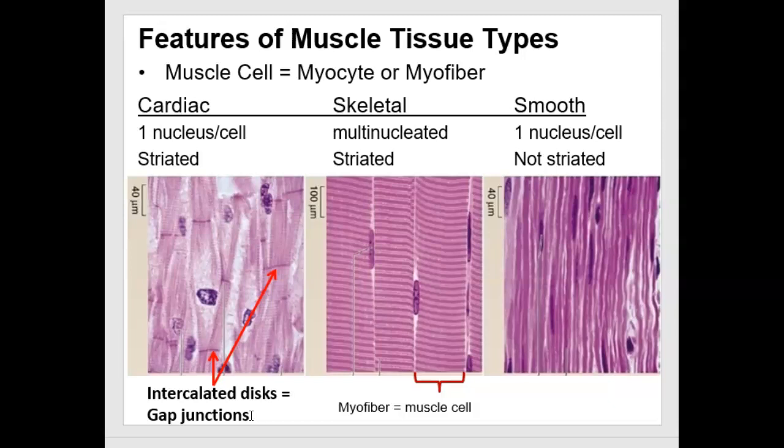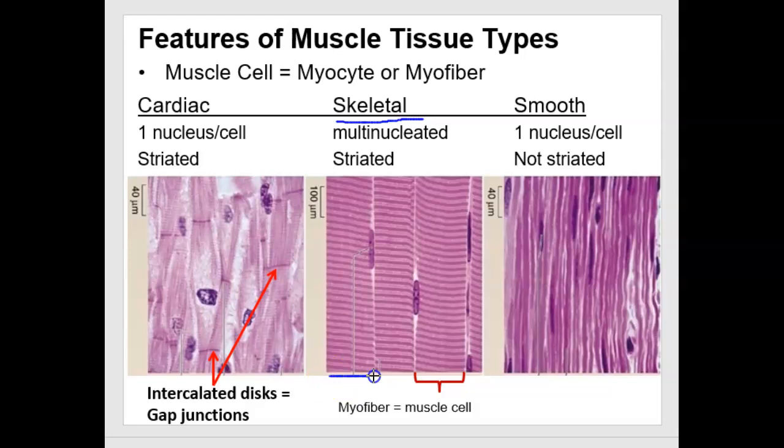Gap junctions allow the passage of ions in between the cytoplasm of two adjacent cells. So those are the features of cardiac muscle tissue. One other thing that's very hard to see, though, is that there are striations present in these muscle cells. We're going to see really obvious striations in our next tissue type, skeletal muscle tissue.